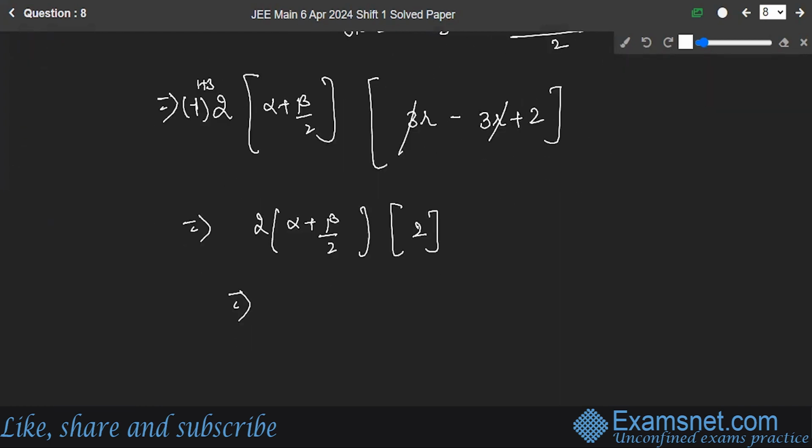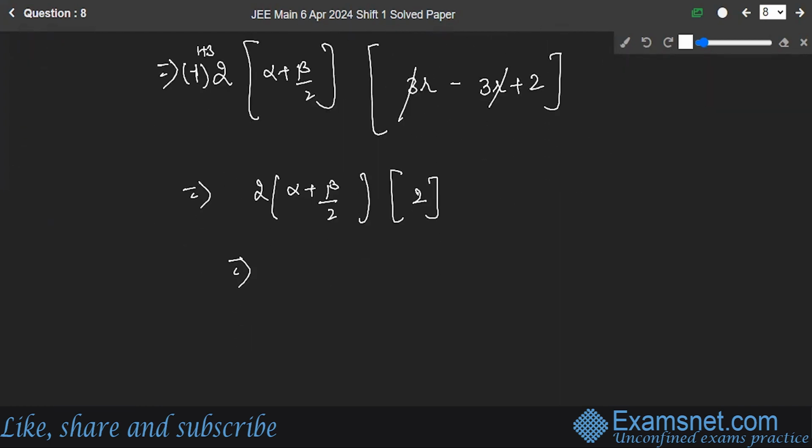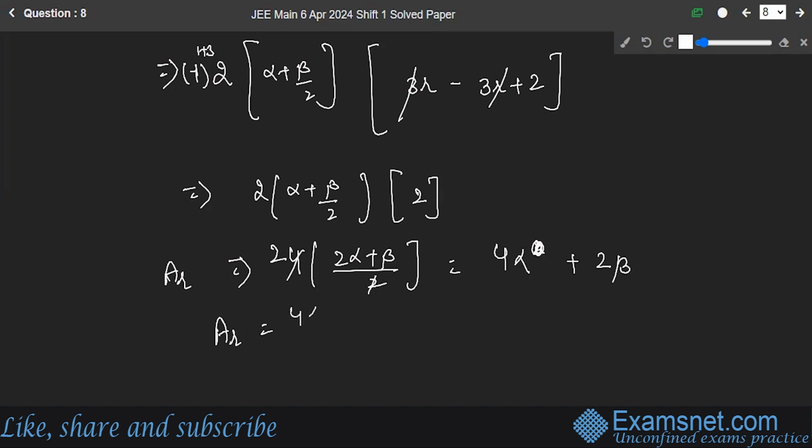Okay, so this is equal to 4 times alpha plus beta by 2, and the 2 will cancel. So we will have 4 alpha plus 2 beta. Okay. And that was your AR. AR is equal to 4 alpha plus 2 beta.